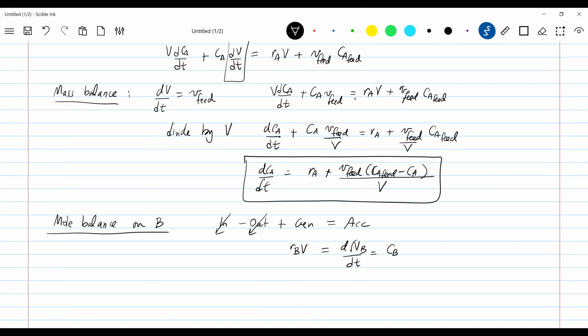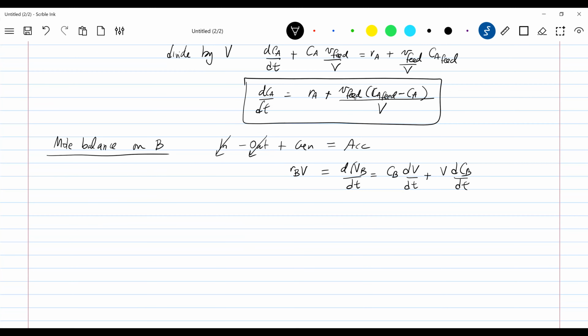And this is CB dV/dt plus V dCB/dt. So we can solve once again for dCB/dt. And that's going to give you RB minus this.